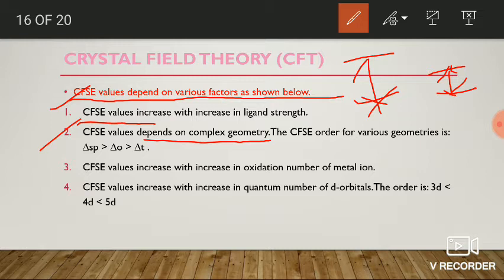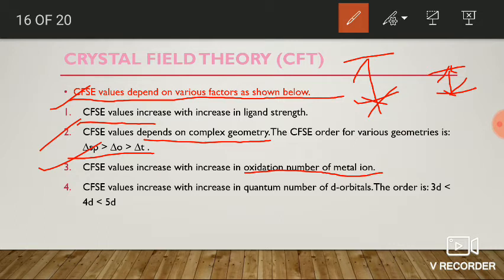As we discussed in the splitting in square planar, octahedral and tetrahedral geometries, the order of values is delta SP greater than delta O, which in turn is greater than delta T. That is, crystal field stabilization values are higher for square planar complexes, which in turn are more for octahedral complexes than for tetrahedral complexes. This is the order.